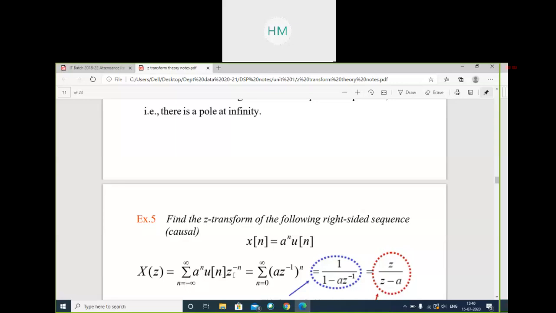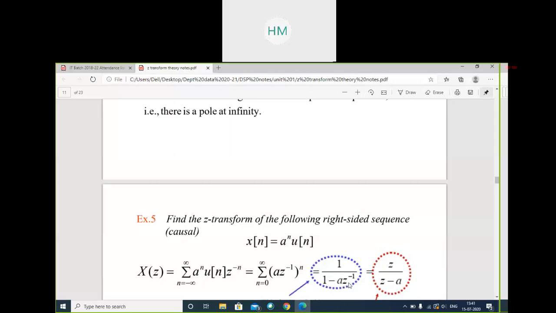I have used the transform formula. I will get u of n as 1, so the limit is to be changed to 0 to infinity. See students, never forget to change this limit. Initially always put minus infinity to infinity, and then depending on the question you change these limits. So here you will get this power series expansion as 1 upon 1 minus a z inverse.